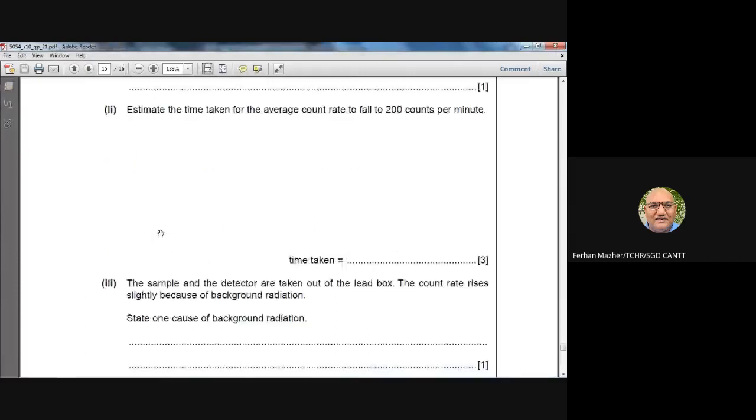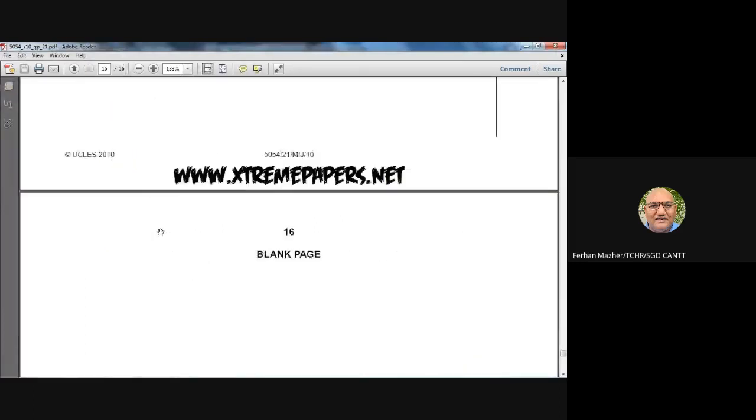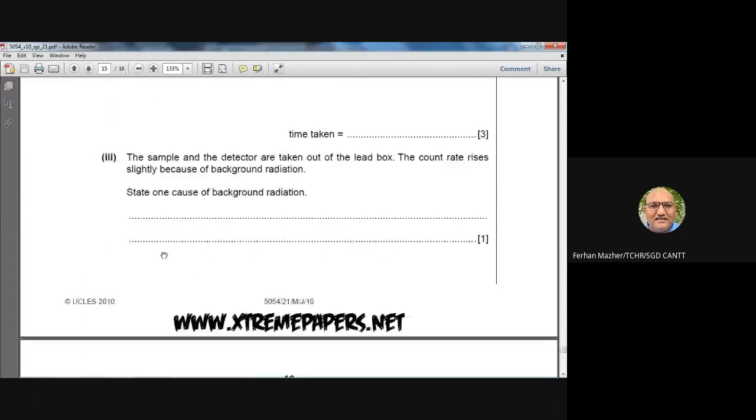Then the last part is: the sample and the detector are taken out of the lead box. The count rate rises slightly because of the background radiation. State one cause of the background radiation. There are many causes. For example, cosmic rays coming from outer space cause background radiation.